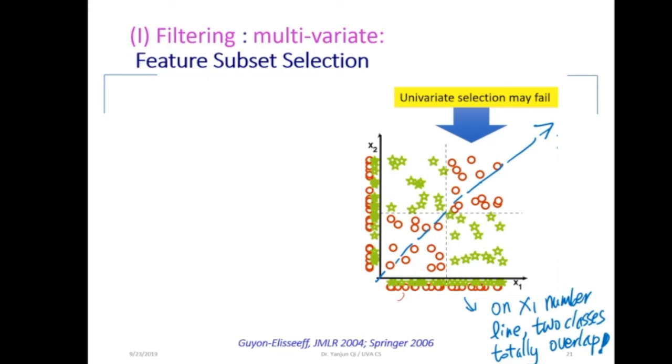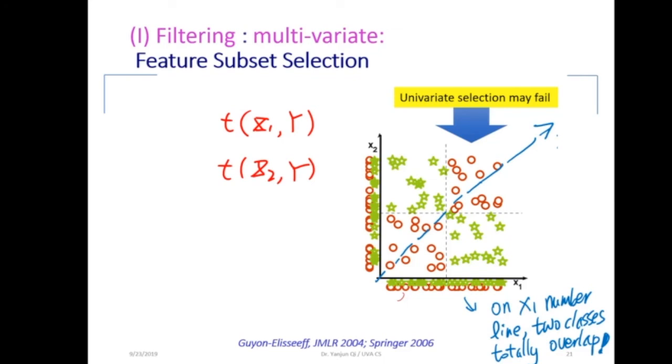You just project everything onto x2 because I only look at x2 and y. So that's exactly what we mean by univariate. How do you do univariate? T-test x1 versus the y, T-test x2 versus the y. And it tells me nothing if I only look at x1 to separate the two classes, the green versus the red. And the same thing happens in x2.